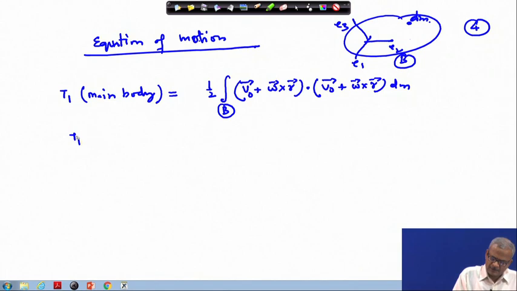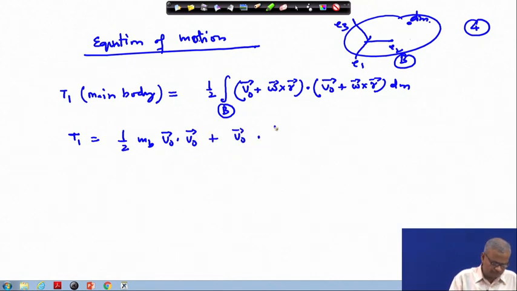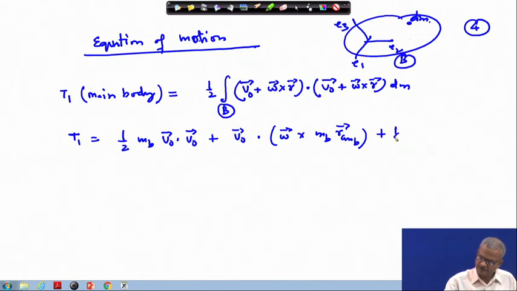If you expand it and combine the terms, this will look like m b times the velocity of the center of mass of the main body, plus 1 by 2 times the moment of inertia of the main body.